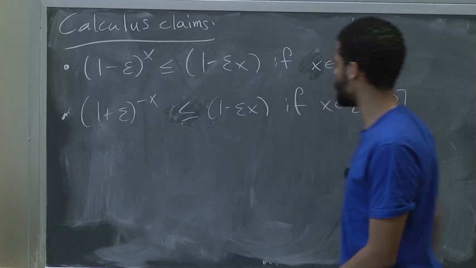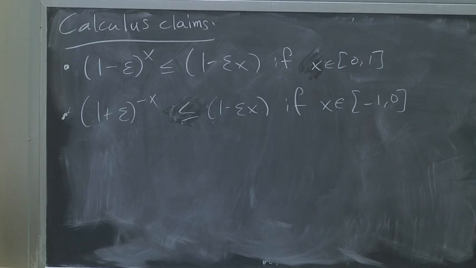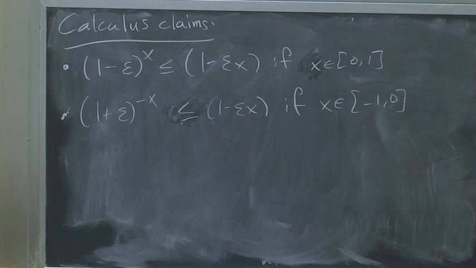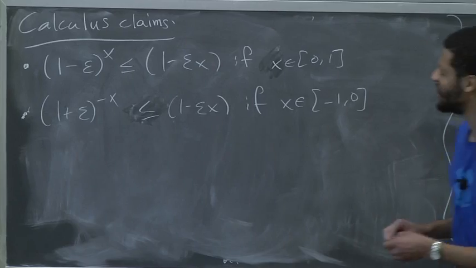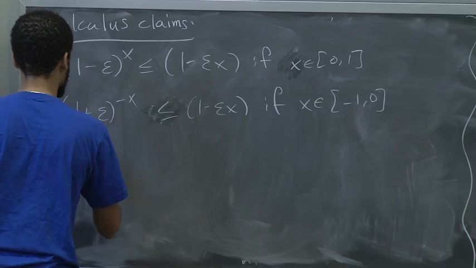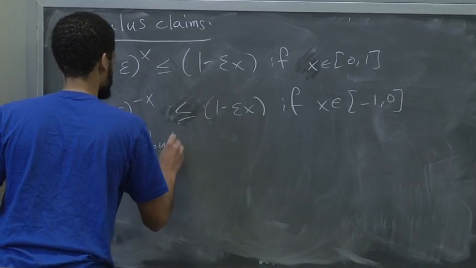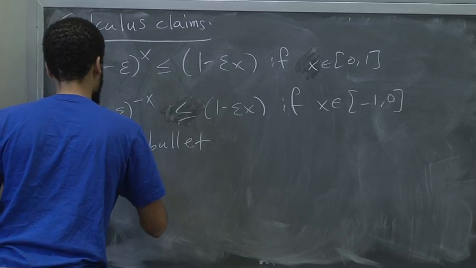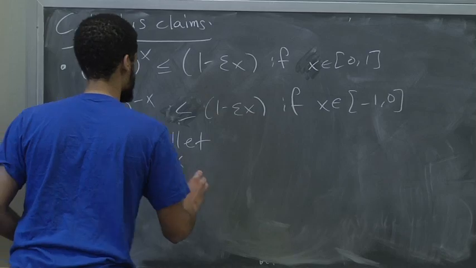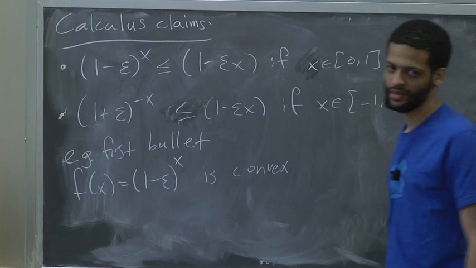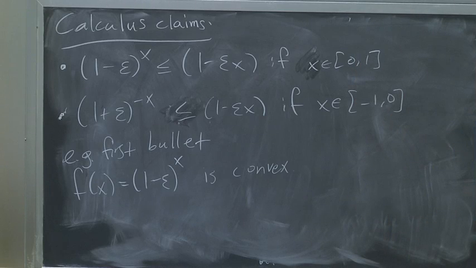Okay, so the way I did it with Taylor's theorem is a little clumsy. You can just use the fact that, for example, the first bullet, the function f of x, which is 1 minus epsilon to the x, is a convex function. You just check its second derivative and it's positive.